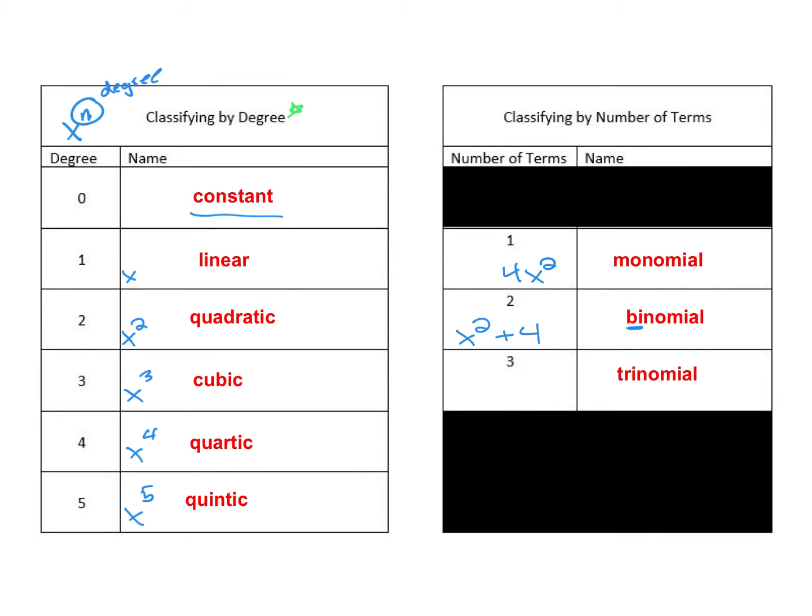Think of bicycle, that means 2 wheels. The third one would be a trinomial, like a tricycle, when you see something that has 3 terms. So we're either classifying by number of terms or classifying by degrees. Those are the terminologies we need to be aware of.